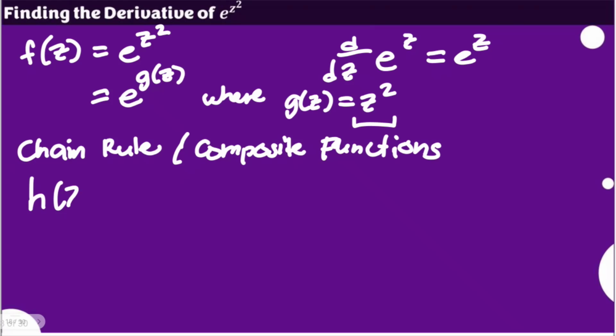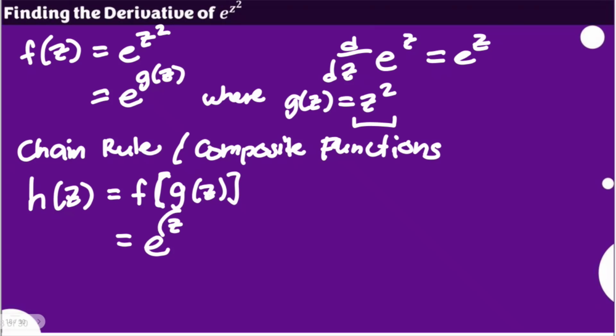Our h of z is actually f of g of z. Okay? Because instead of e to the power of z, this is another function, g of z, which is z squared.